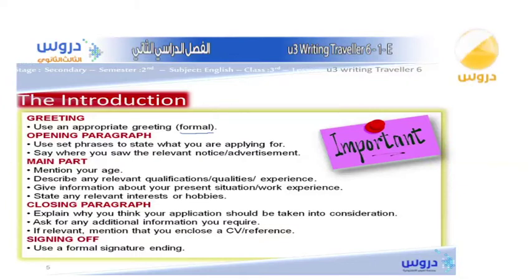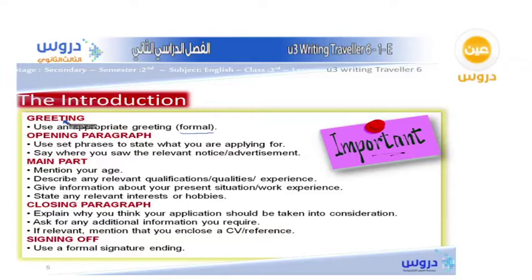Well done. Dear, you can say also madam. This is formal. What about informal? If you want to send to your classmate or even your friend, how do you greet them in an informal way, not a formal way? You can start your letter by, for example, hi. Well done.